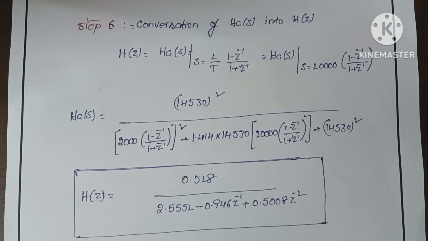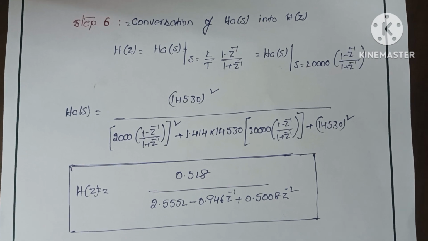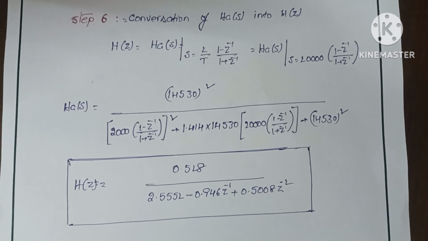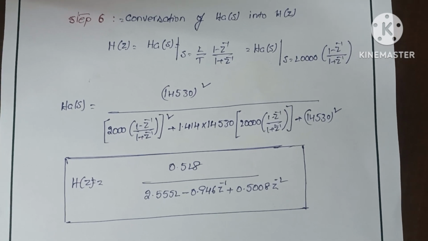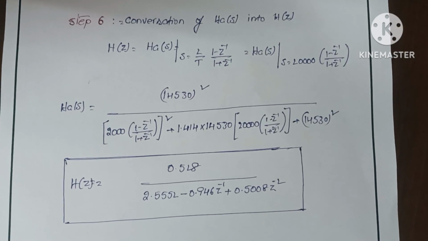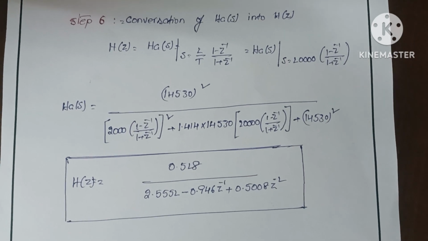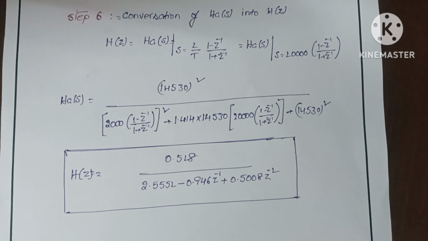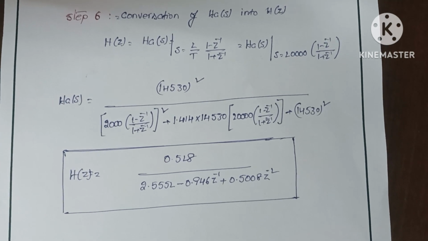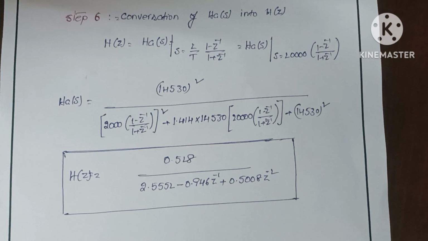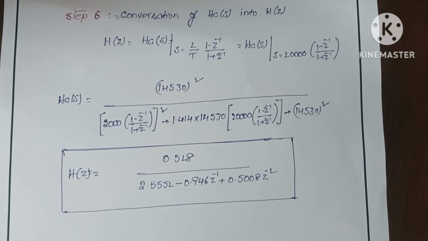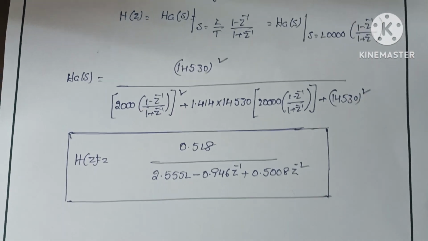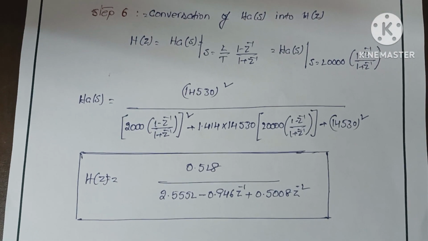As all of you know, in bilinear transformation we transform HA of S by substituting S equal to 2 by T into (1 minus Z power minus 1) by (1 plus Z power minus 1) for getting the digital transfer function H of Z. So substitute H of Z equal to 14,530 whole square, and simply substitute wherever S is there. In place of S, substitute 2000 into (1 minus Z power minus 1) by (1 plus Z power minus 1). Simplify this above equation.